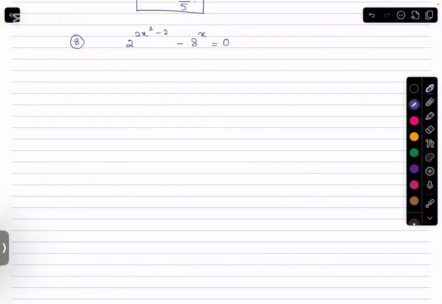We'll make 8 into 2 to the power 3. And then we will take minus 2 to the power 3x to the other side. 2 to the power 2x squared minus 2 is equal to 2 to the power 3x. Then we'll equate the powers.